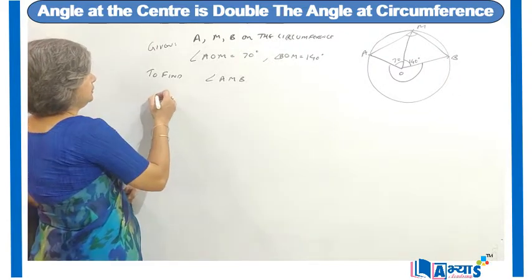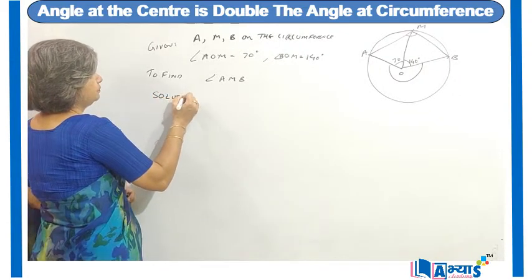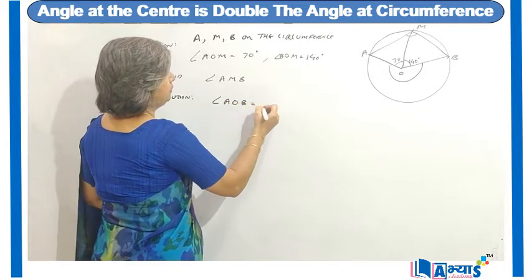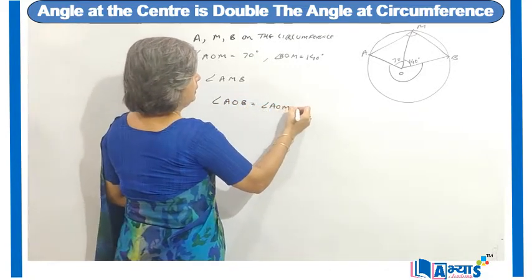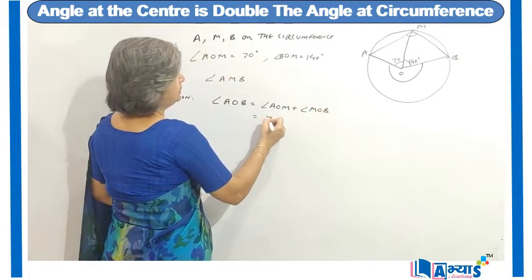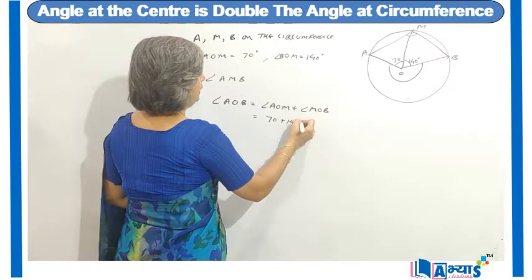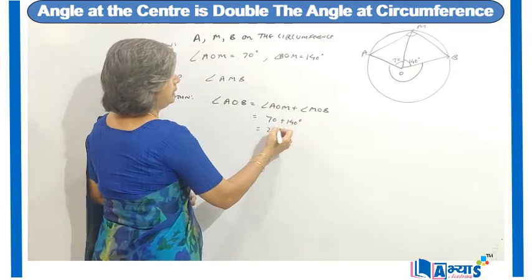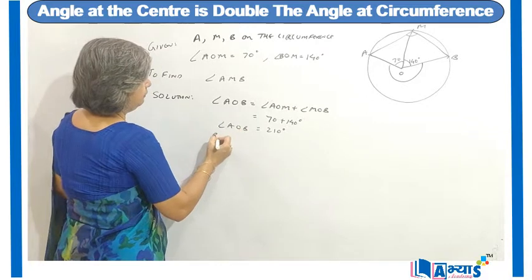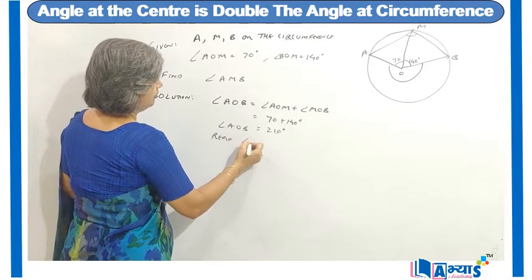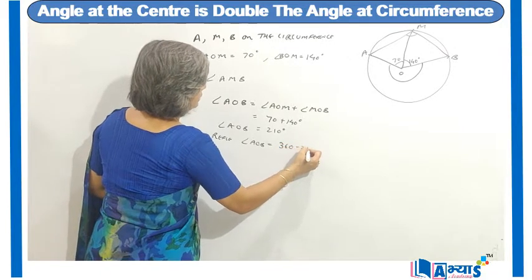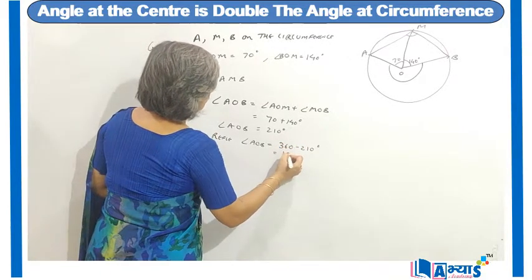For this, the solution will be: angle AOB is equal to angle AOM plus angle MOB, that means 70 plus 140, and I get 210 degrees. So angle AOB is 210 and reflex of angle AOB is equal to 360 minus 210, that is 150 degrees.